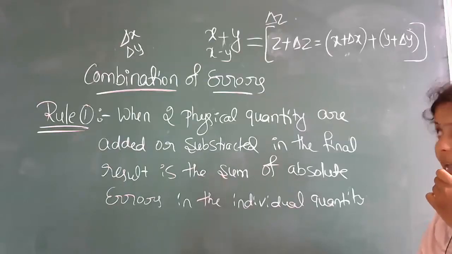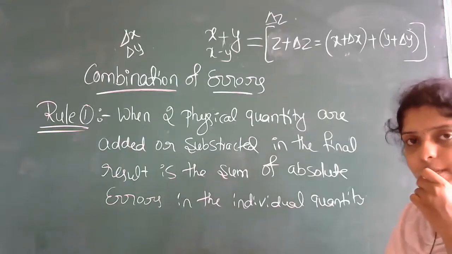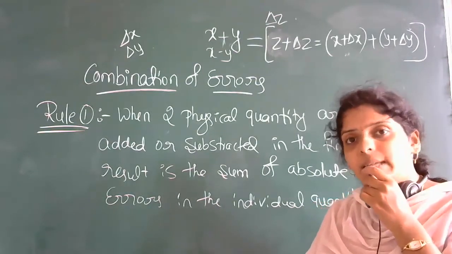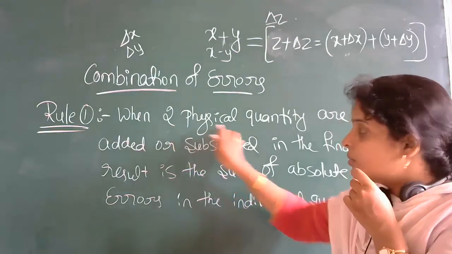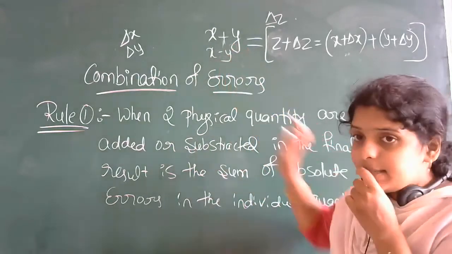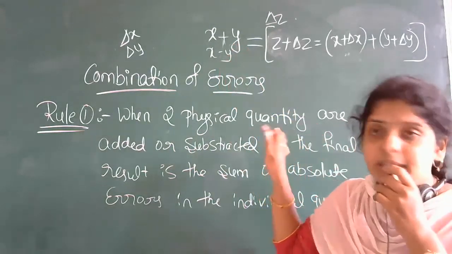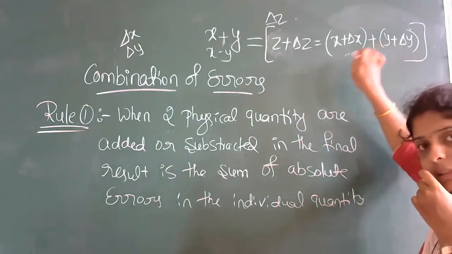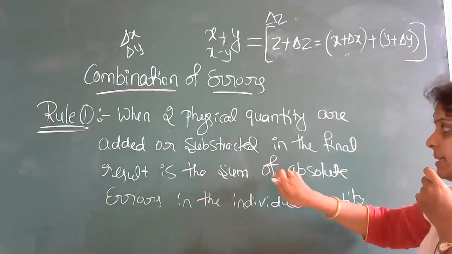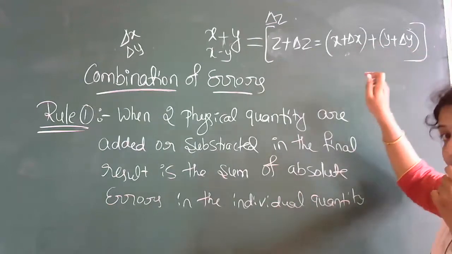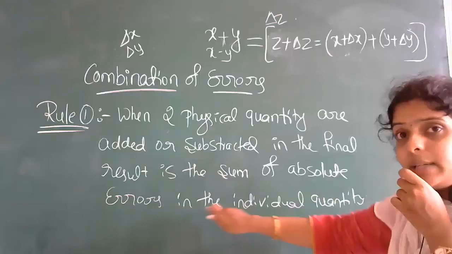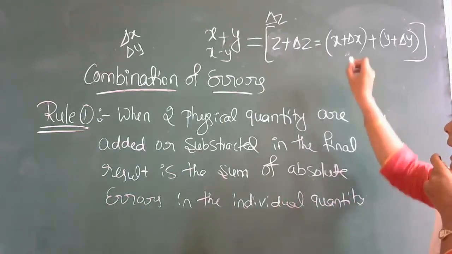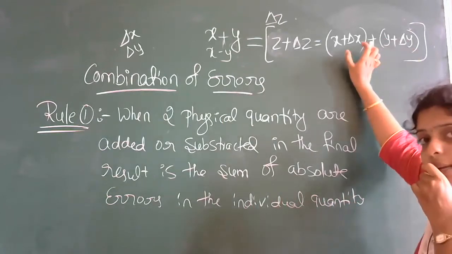समझ में आ रहा है? X and Y आपका two physical quantities है. Delta x and delta y are your errors. So when these two physical quantities are added or subtracted, आपका जो result है, the result is the sum of the absolute errors in the individual quantities.